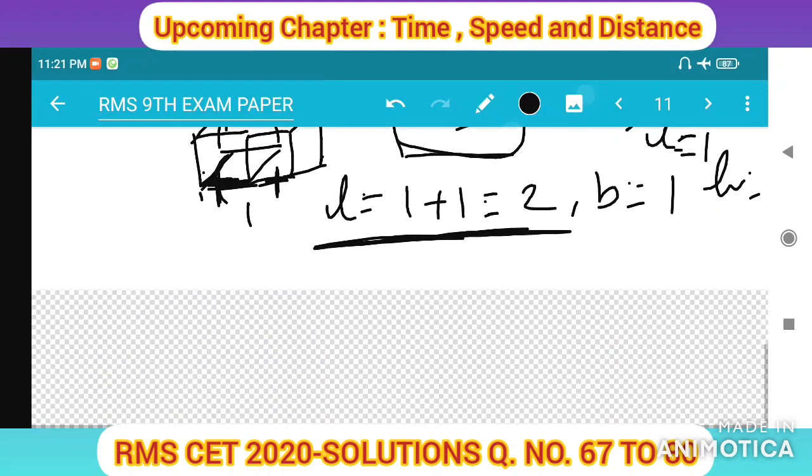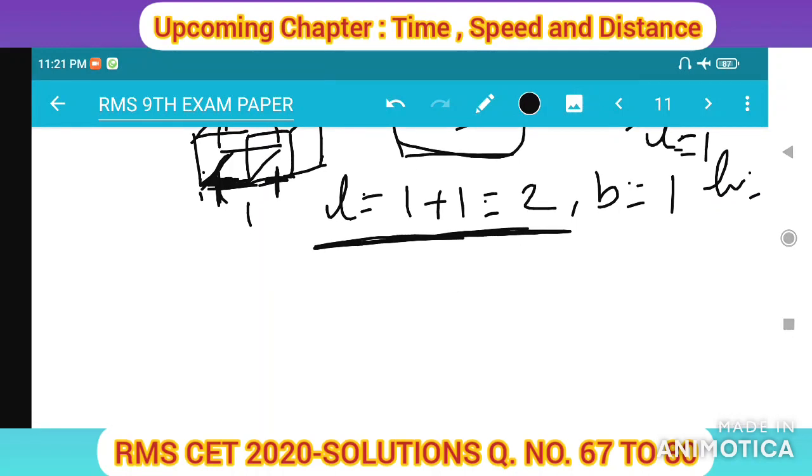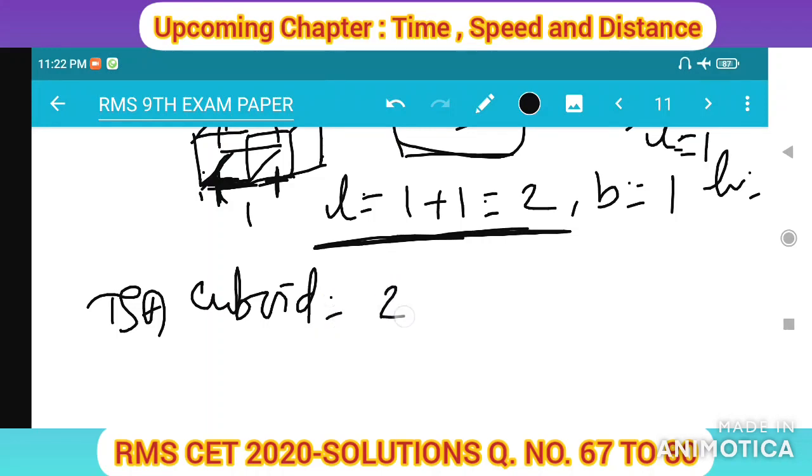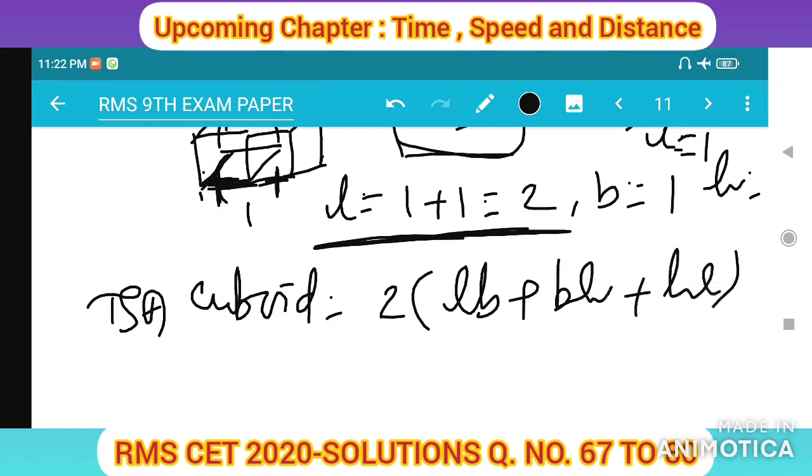So what is the formula for a cuboid? Total surface area, TSA for a cuboid is 2 times of (LB plus BH plus HL). This is the formula.